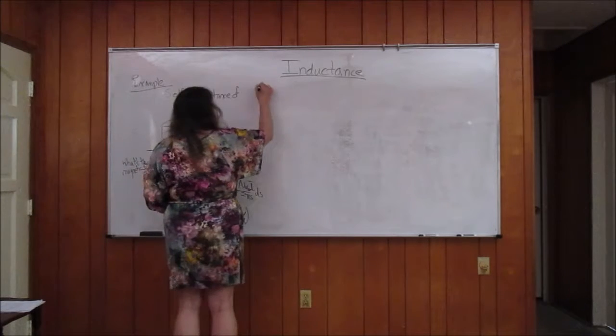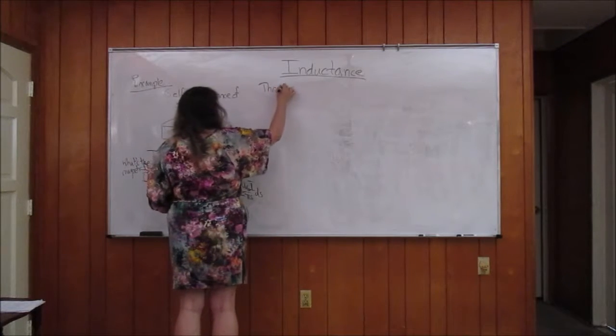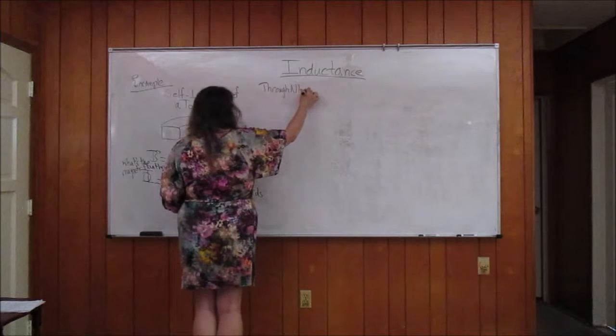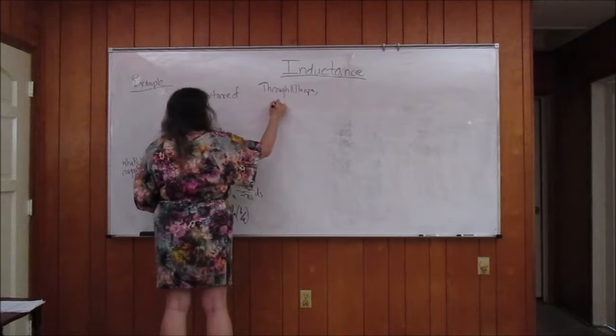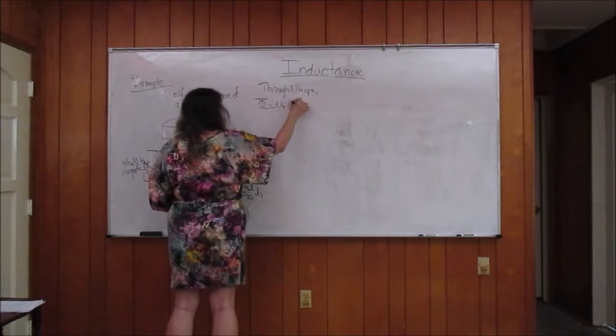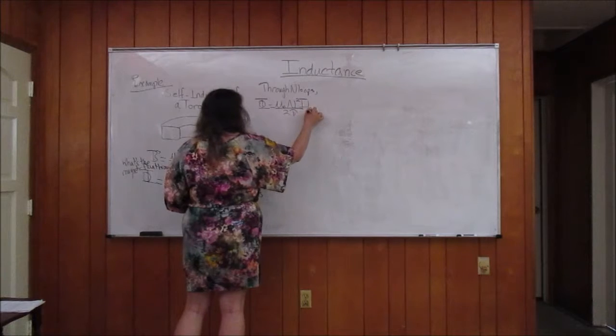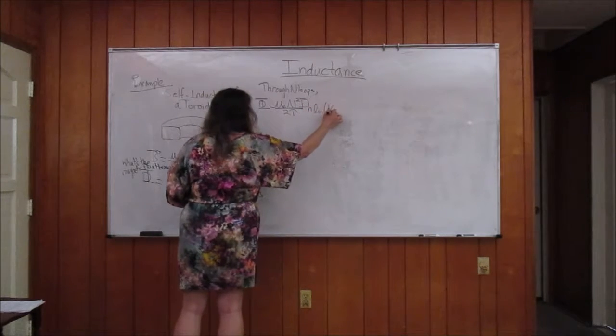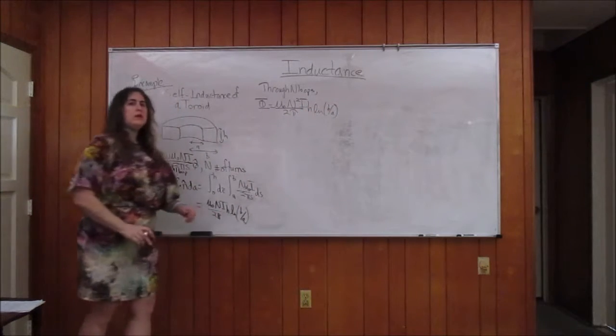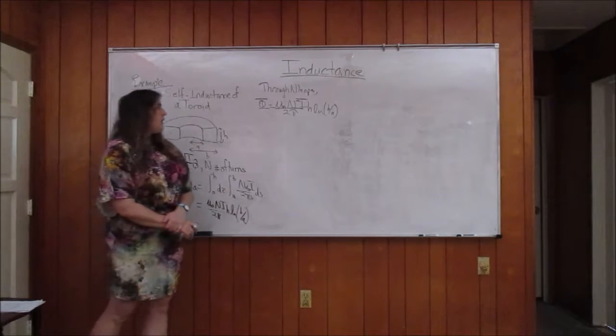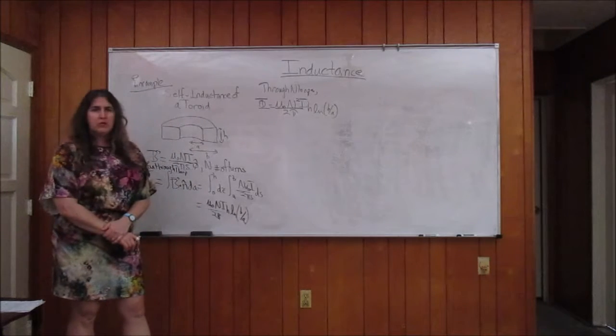So through N loops, I wind up with mu naught N squared times I over 2 pi h natural log of B over A.